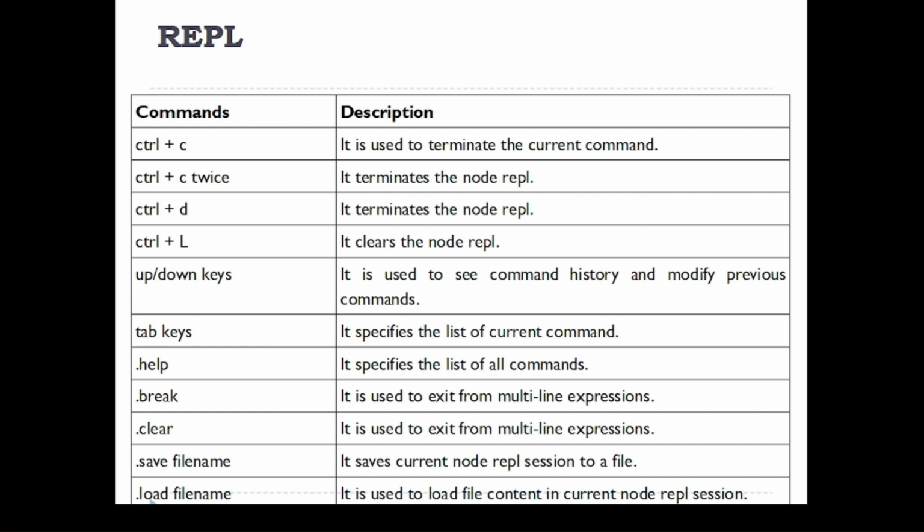For that, you write the command .save and then the name of the file. This will save the current node REPL session to a file. That file could be a text file or maybe a file of any other format.